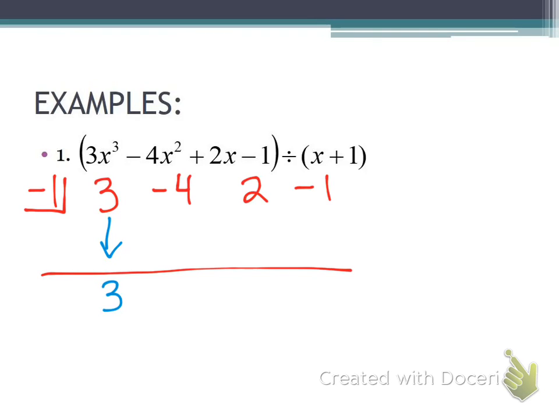We take the number that's in the box and multiply it by that number below. So negative 1 times 3 gives me negative 3. That gets written below the next number. So then we go there.